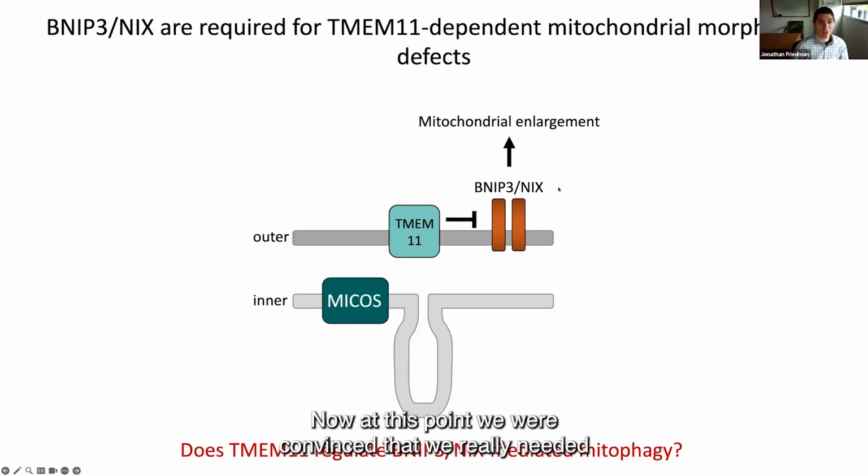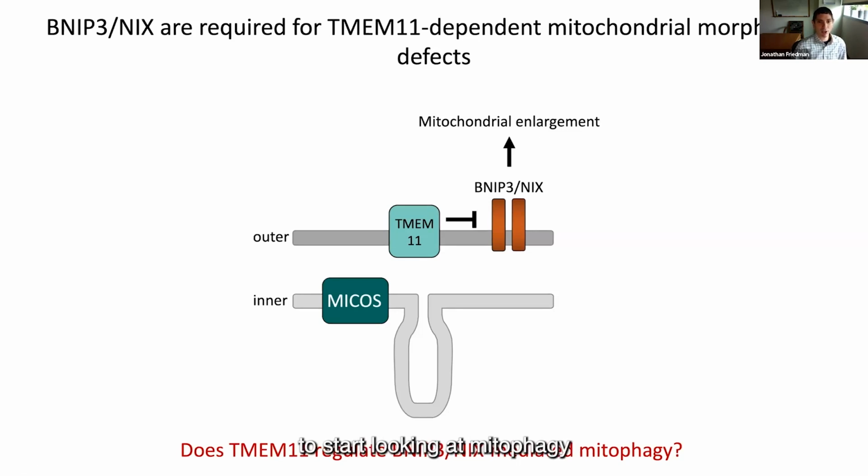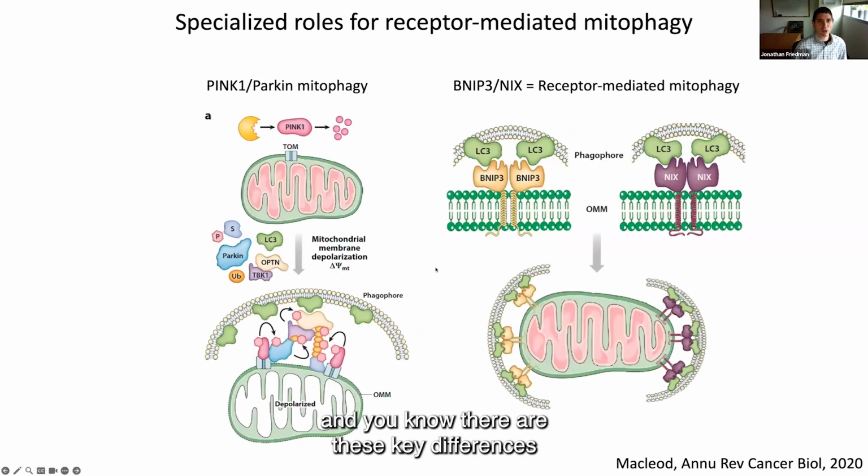Now, at this point, we were convinced that we really needed to start looking at mitophagy. And there are these key differences between the PINK1 Parkin mitophagy pathway and the receptor-mediated mitophagy pathway that I think many of you are aware of, but really struck us as biologists who are interested in the spatial organization of mitochondria.